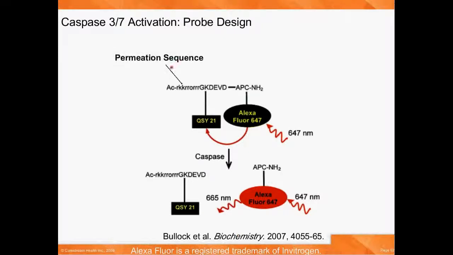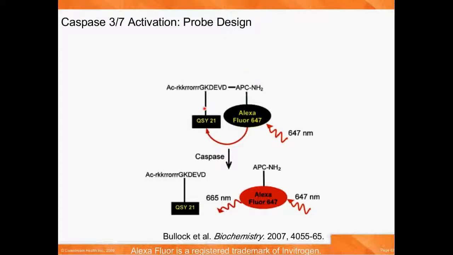The first part of the probe is a permeation sequence based on a peptide variant that gets into many, but as we discussed earlier, not all cell types. There's a recognition sequence, in this case DEVD, that's clipped by caspase 3 and 7. Light then comes in during your experiments, excites the Fluor 647.